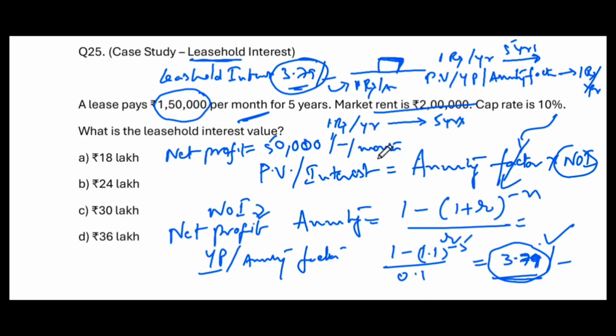He will get that net profit. So how much will it be for a year? 6 lakhs. 6 lakhs per year is the net profit.